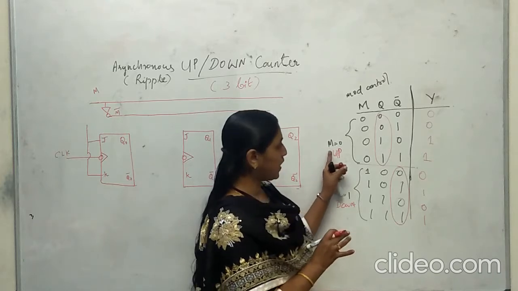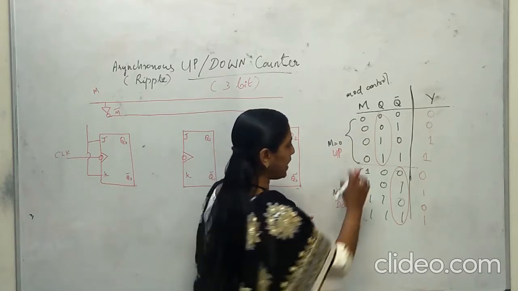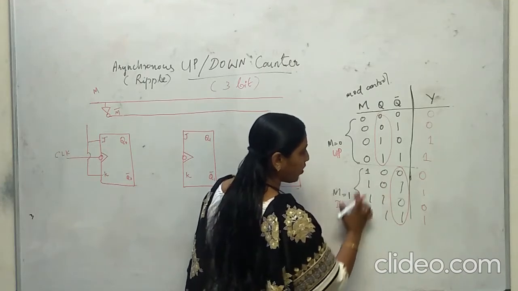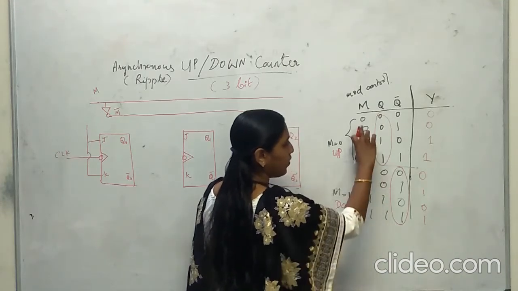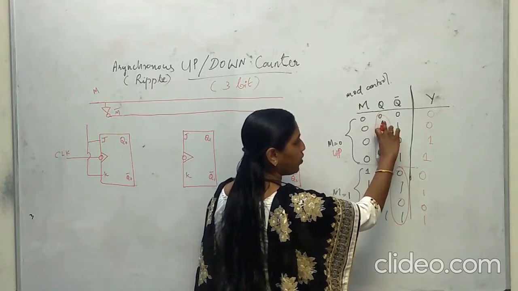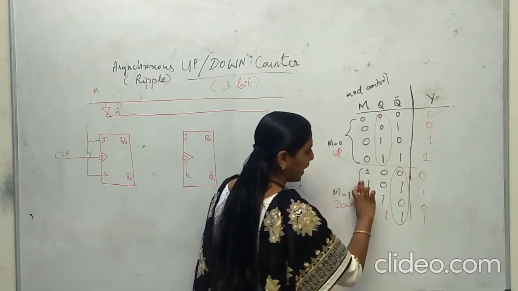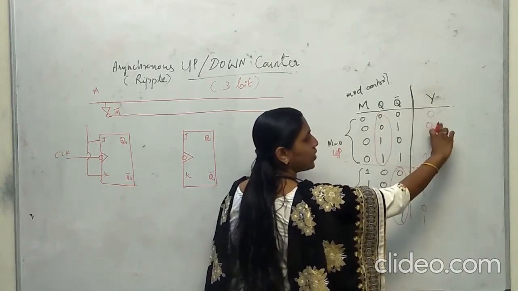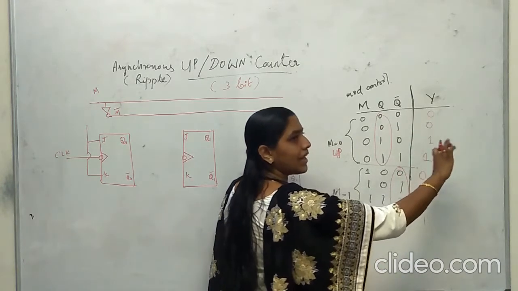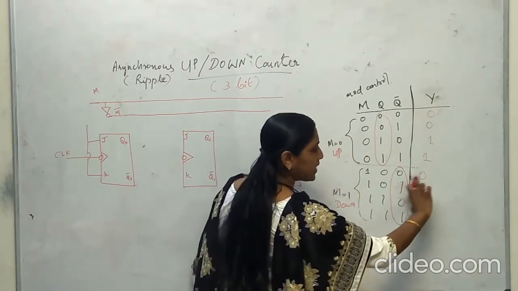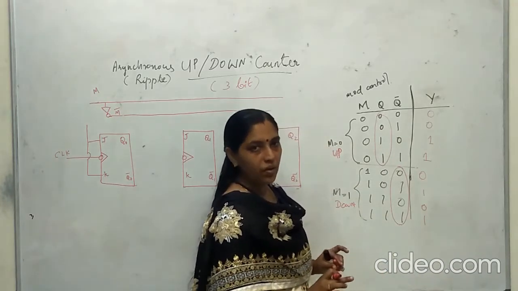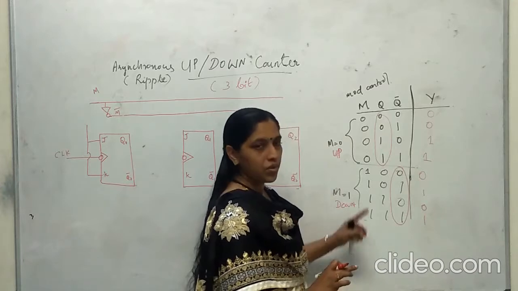M is the control input. When M is equal to 0, I am taking Q as the output, and when M is equal to 1, I am taking Q bar as the output. When Q is connected, it will behave like an up counter, and when Q bar is connected, it will behave like a down counter. That is what I am going to see now.